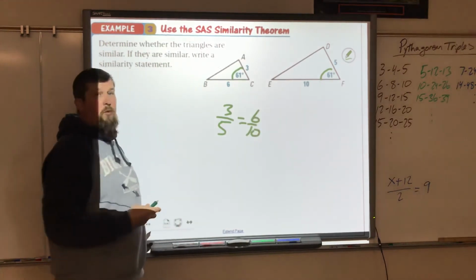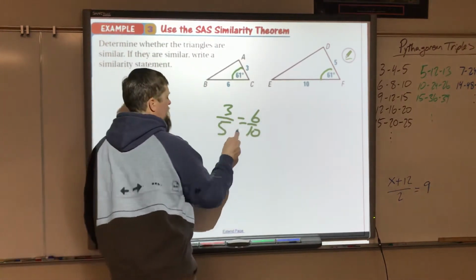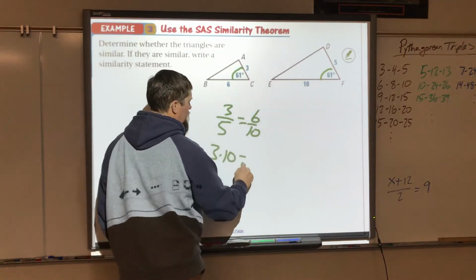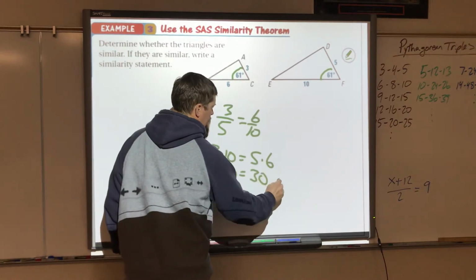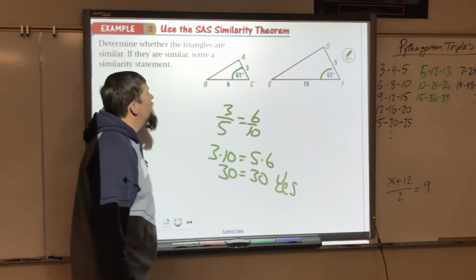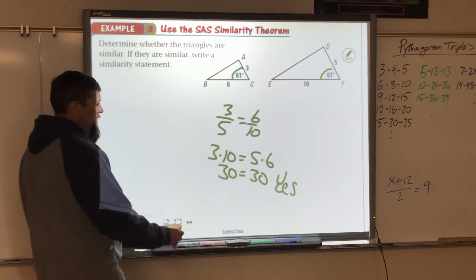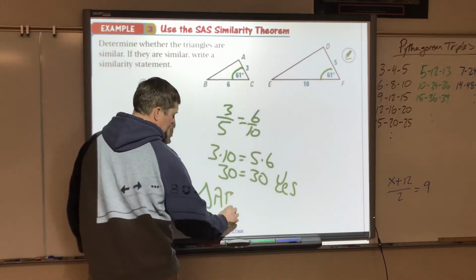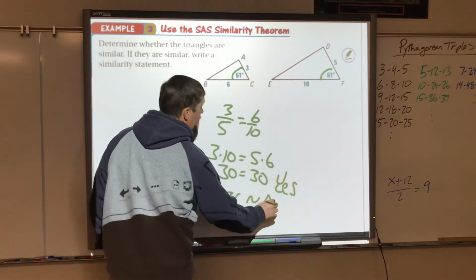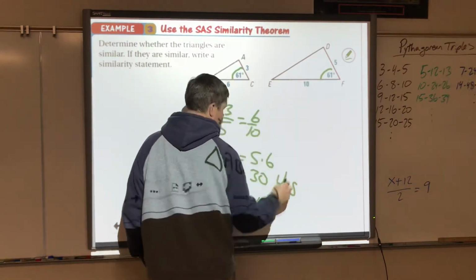We could use cross products. 3 times 10, is that equal to 5 times 6? 30 is 30, so yes. Write a similarity statement again. ABC, let's try that. Is that similar to triangle? Then it would be DEF.